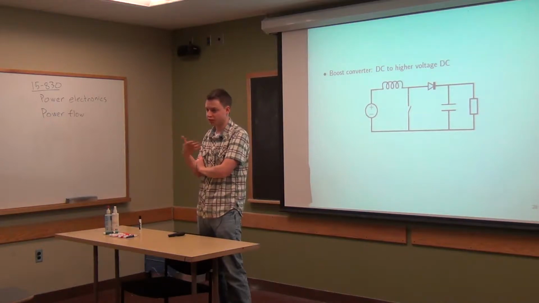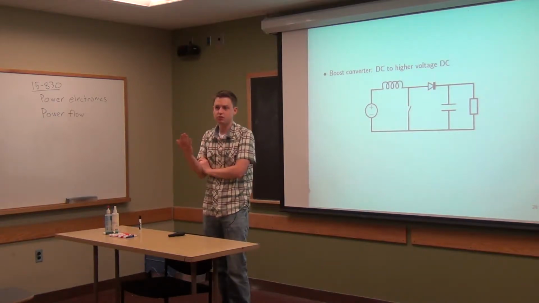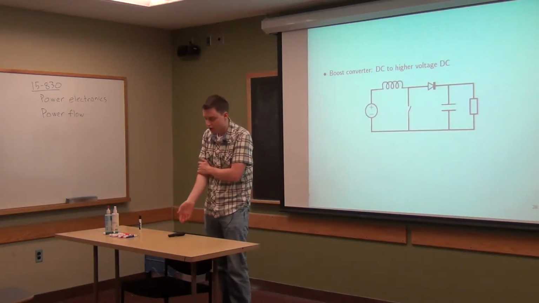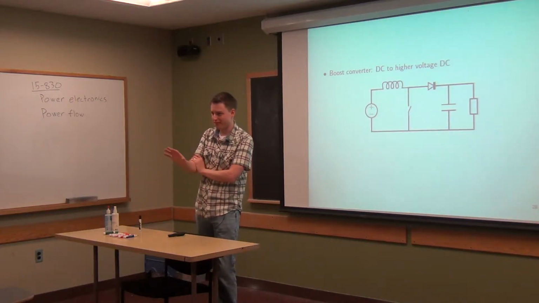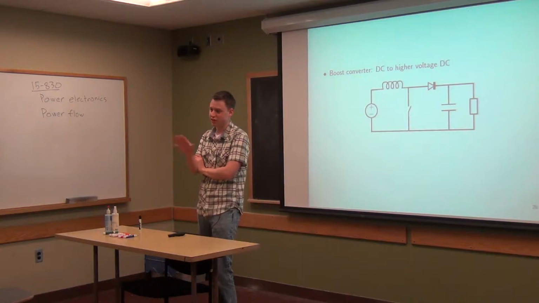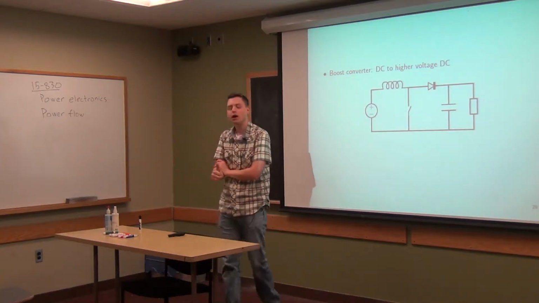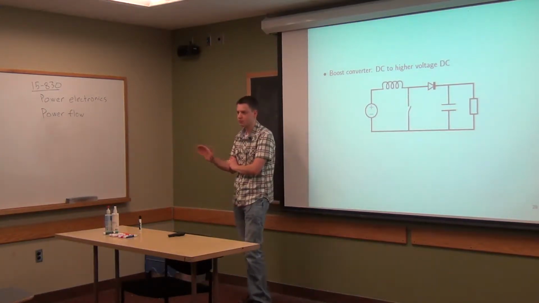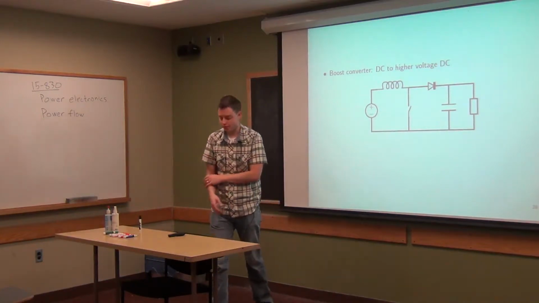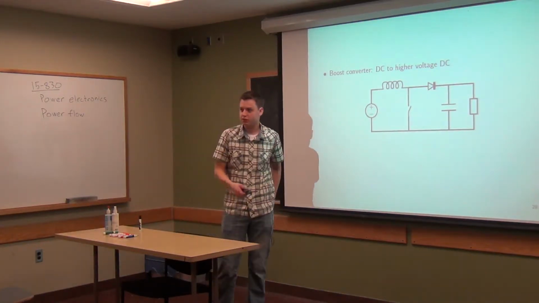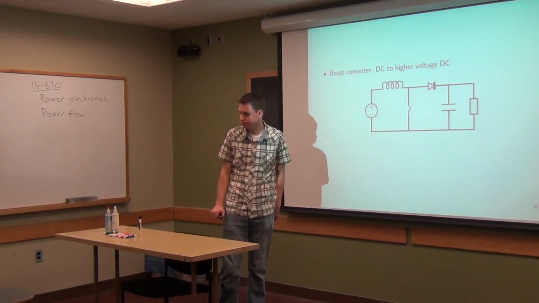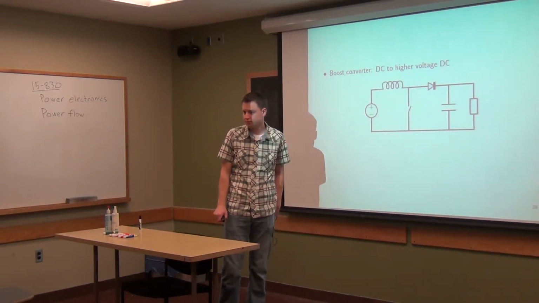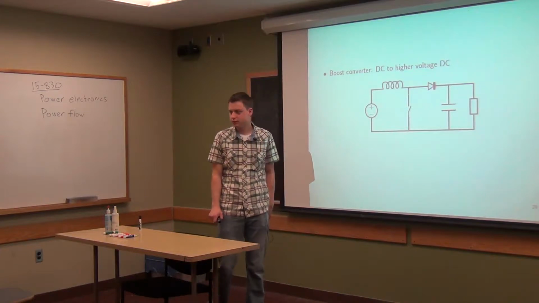So if we're going to be converting to DC anyway at the end, let's just transmit things as DC. I'm not an expert on all the advantages and disadvantages of DC systems versus AC systems, but there are pluses and minuses to both. Because of that, there are some efforts to build DC transmission into the grid. Anything else?